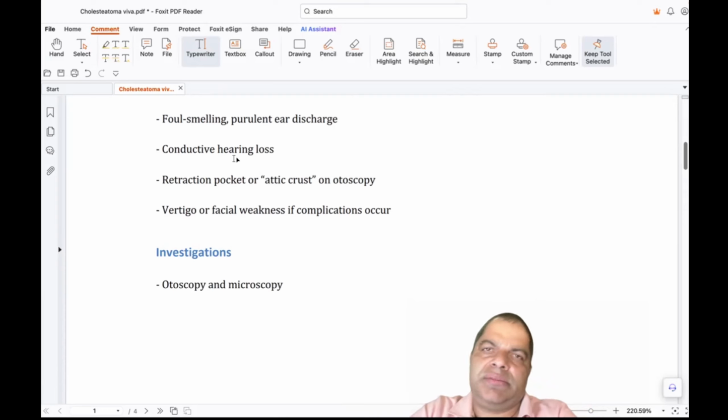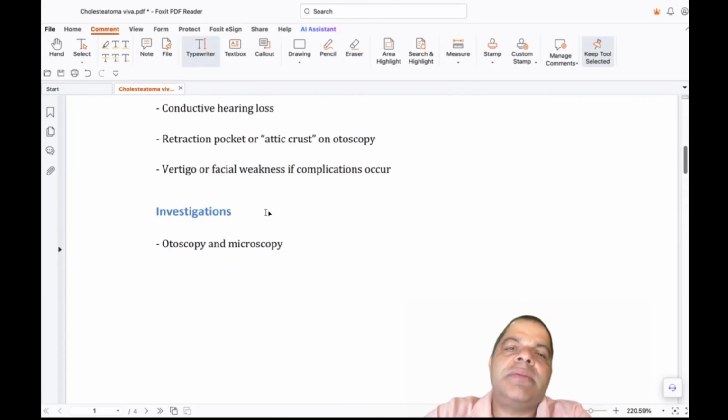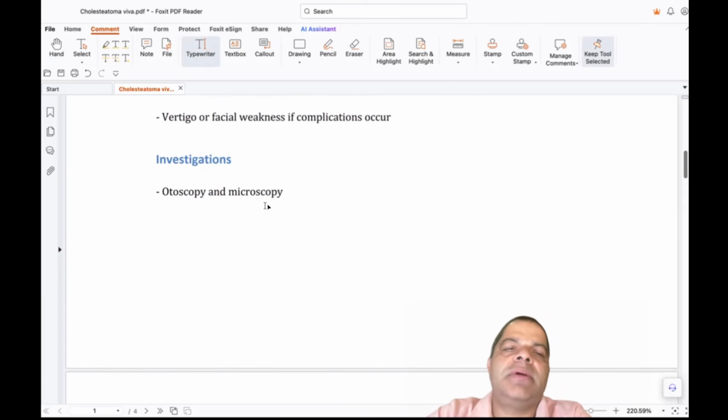Then you have to say that when some patients come in, a foul smell spreads around the room. Conductive hearing loss occurs in such patients. We can see a retraction pocket, also called attic crust, on otoscopy or otoendoscopy. Some patients describe facial weakness or vertigo.